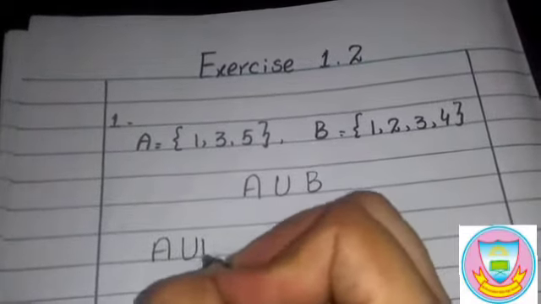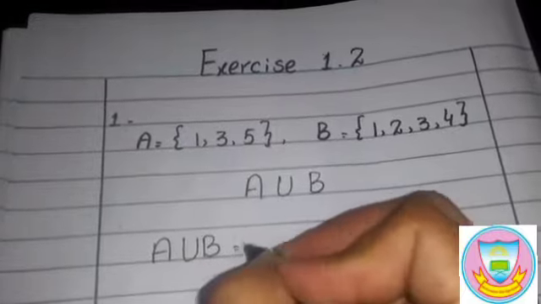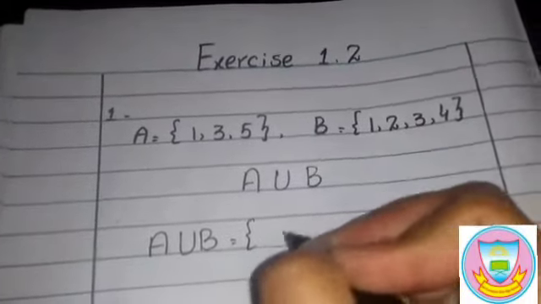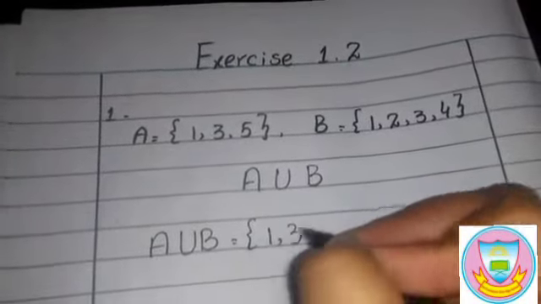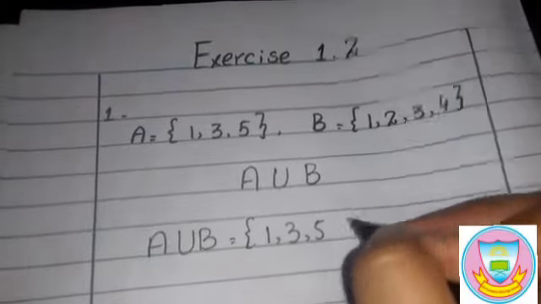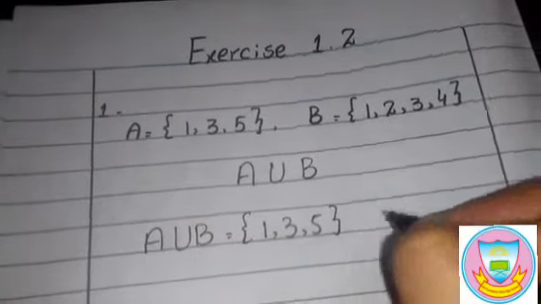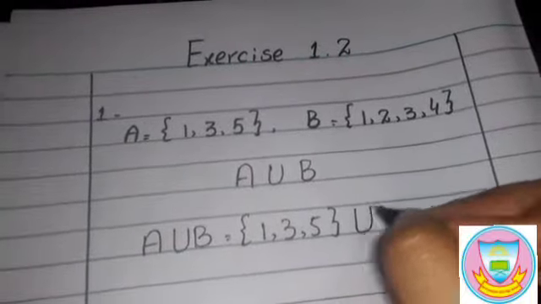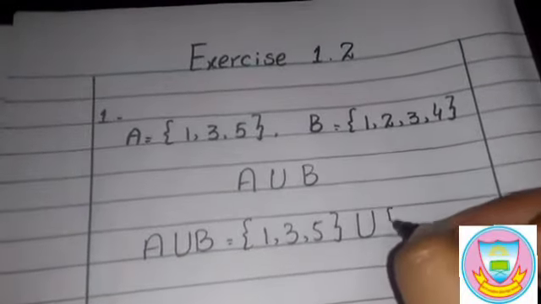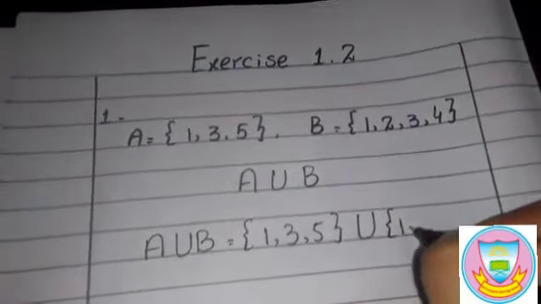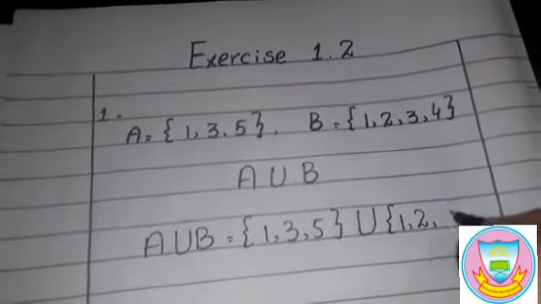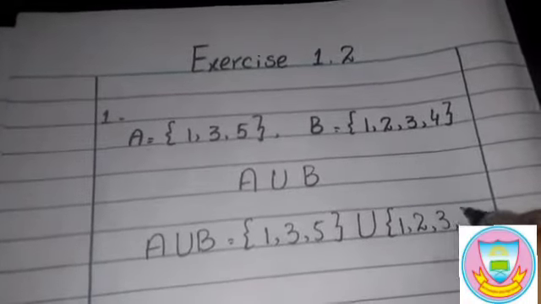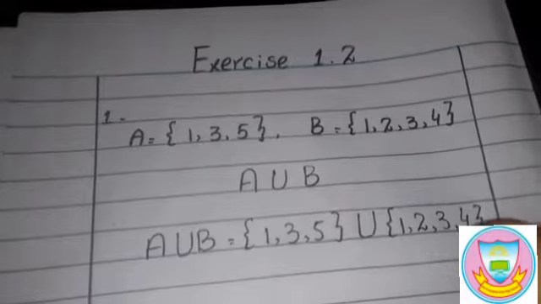∪ B, equal sign, and now first we write the set A, {1, 3, 5}, bracket close, put the union sign, and then set B, {1, 2, 3, 4}.